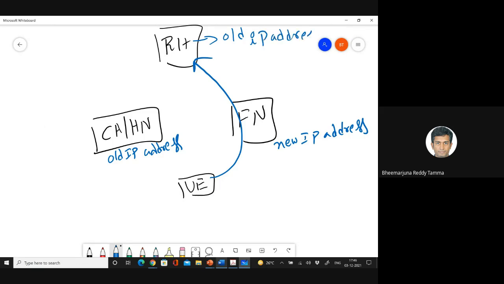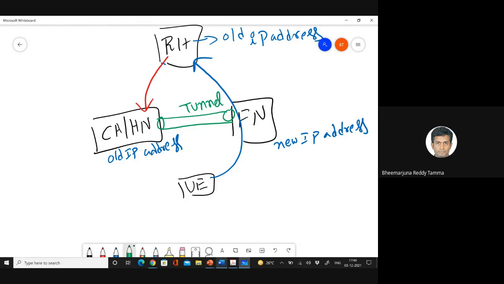all the routers in the internet will forward the traffic like this. Once the data reaches your home network, or the care of network, it will send the data to the foreign network. How? It knows basically because there is a kind of transfer where the UE tells the foreign network where the home is.